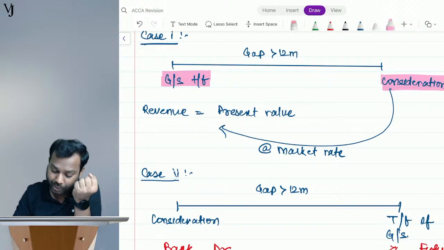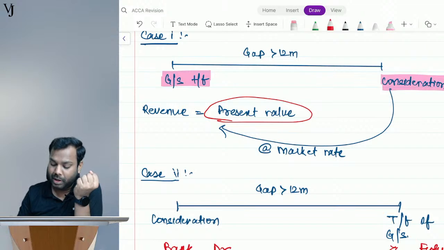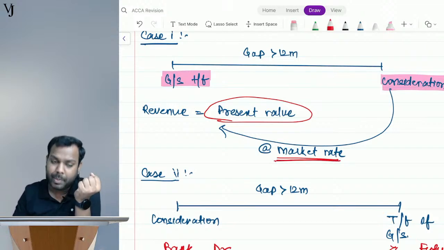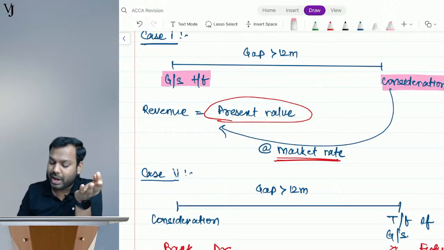So I will calculate the present value of it at the market rate, and this present value will be my revenue. Now I will unwind this present value, and I will receive it here.